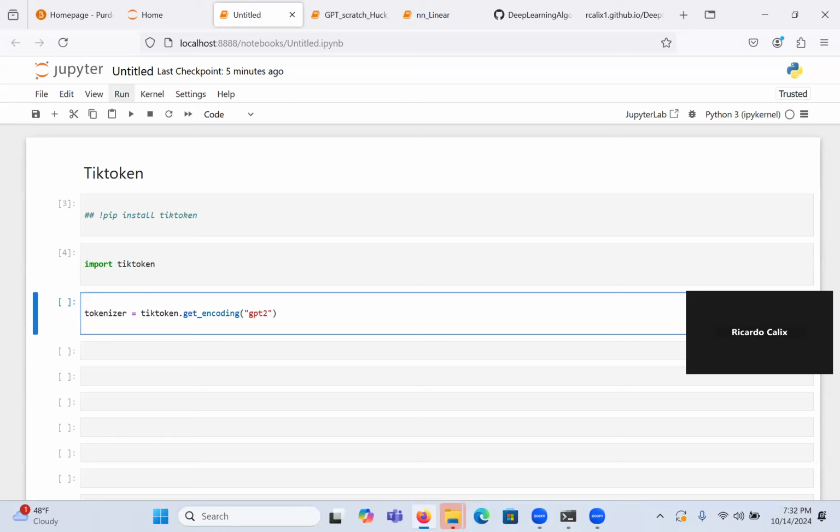So basically here I should be able to get the encoder for GPT-2. Got it? You might imagine how this might allow you to get Meta Llama and things like that. Okay, so let's run that one.